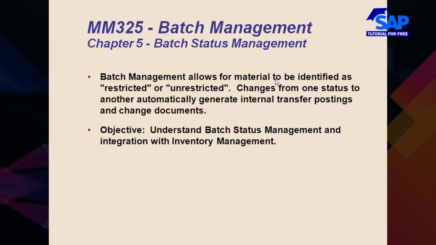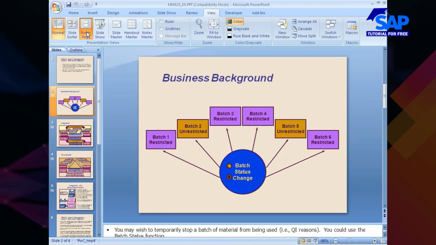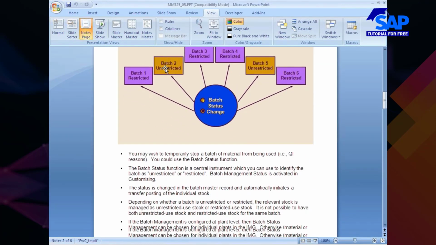The internal transfer posting takes place automatically behind the screens. That will create a material document, and there is also something called a change log or change document. That is what takes place during the change of batch status from restricted to unrestricted.